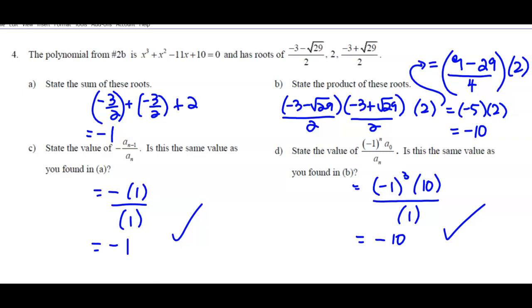Okay, so in question 5, it gives you 2 roots. It asks you for the third root. I don't want you graphing it to try to find it. I want you to use these properties. Yes, on your 30-1 exam, you're allowed graphing calculators.